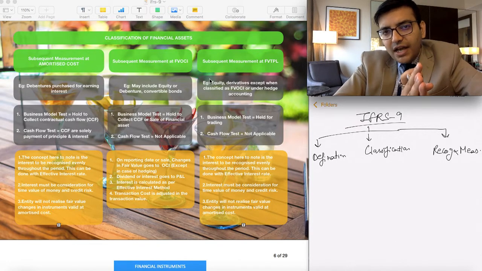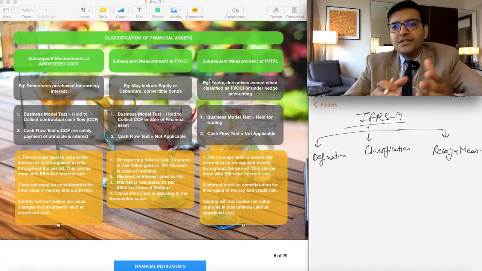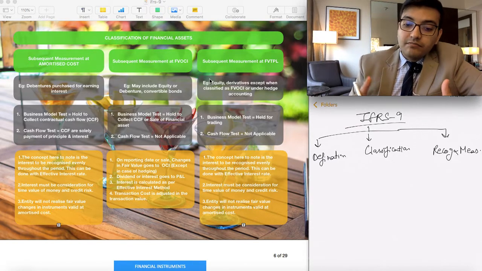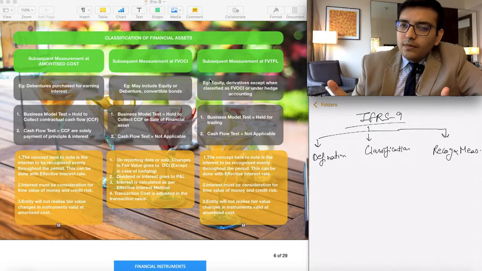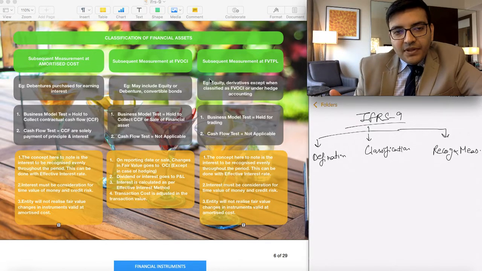Now IFRS 9 has classified them into 3 parts based upon the business model, or you can say the intent of the finance heads or the company heads. What is the intent of the company? The main motive is to present the intention of the company on the books of accounts. That is the main reason, right?